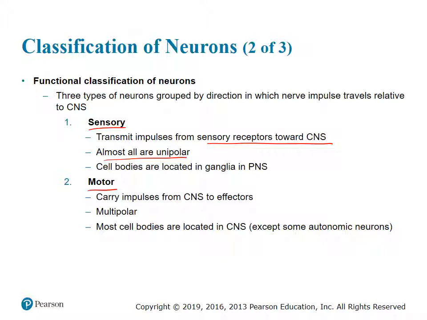Unipolars are almost always sensory. Unipolars are that upside down T or sideways T, the cell body right in the middle, or the cell body kind of up here, forming that. Almost all of them are unipolar that are sensory, or sensory are all unipolar. And the cell bodies are located in the ganglia of the PNS.